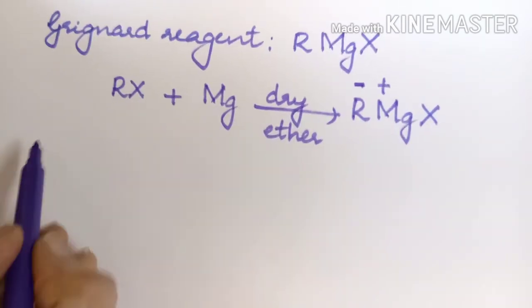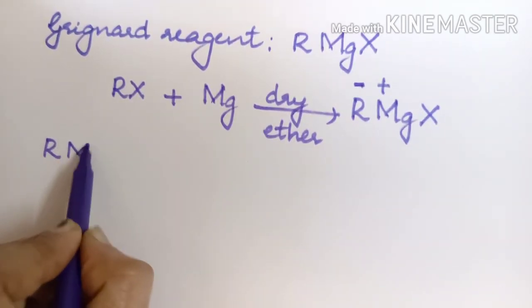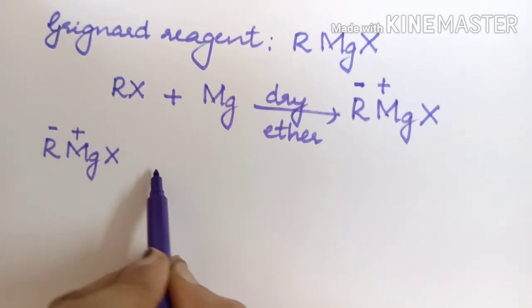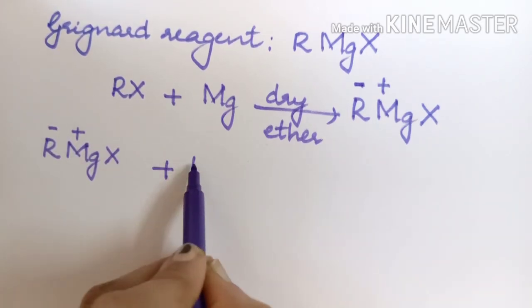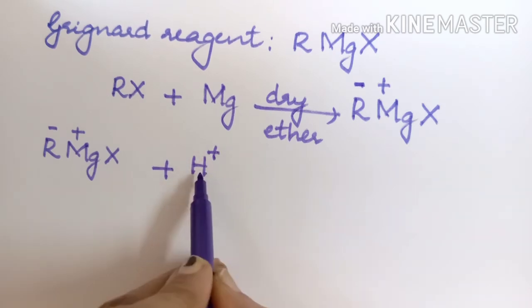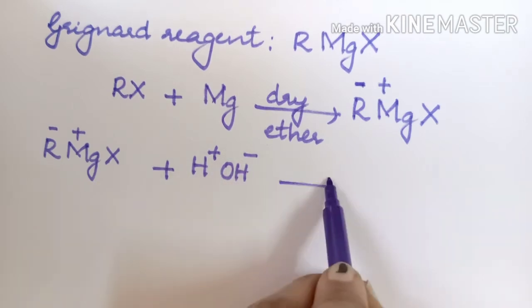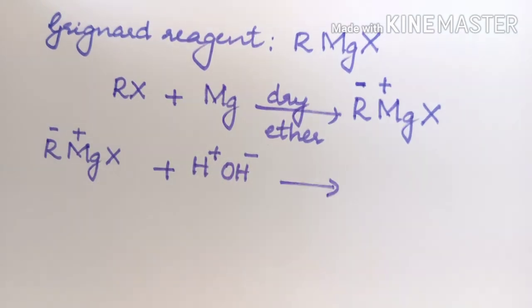So when alkyl magnesium halide is subjected to hydrolysis, that means reaction with water, you find water can be written as H plus and OH minus, and that will result in the compounds.